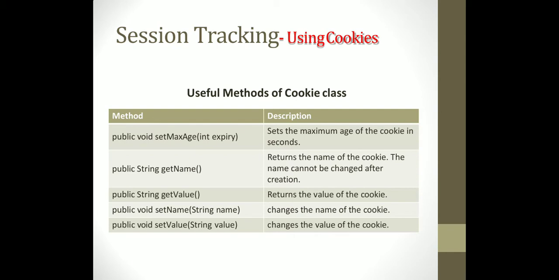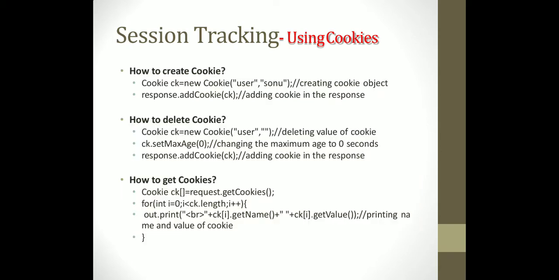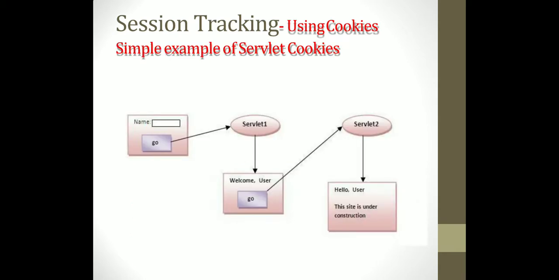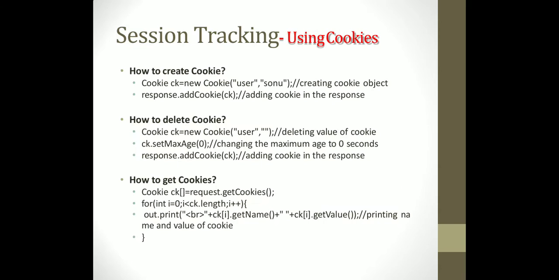We have also gone through the methods of the Cookie class, that are setMaxAge, String getName, String getValue, then setName, setValue. All these useful things we have seen with cookies. For creating a cookie, we write Cookie ck equals new Cookie, which creates the cookie object, and you can add the name and value.